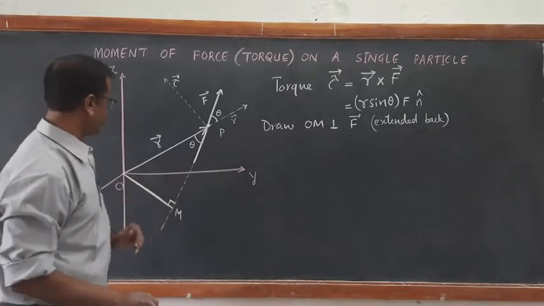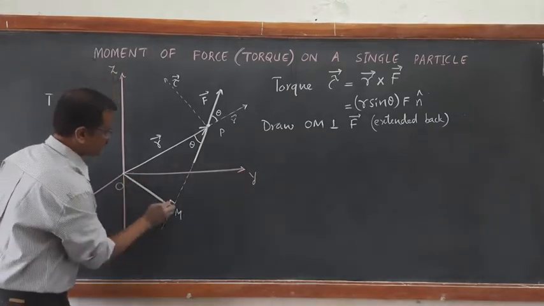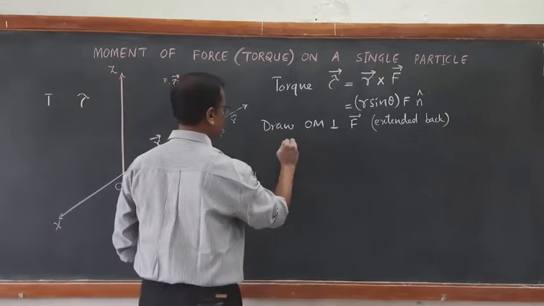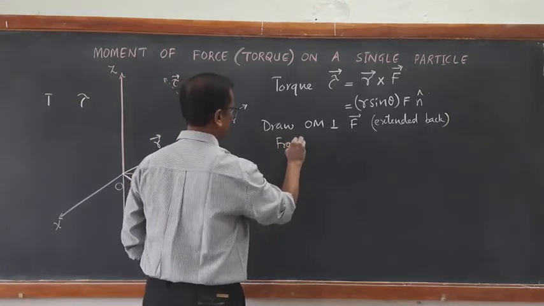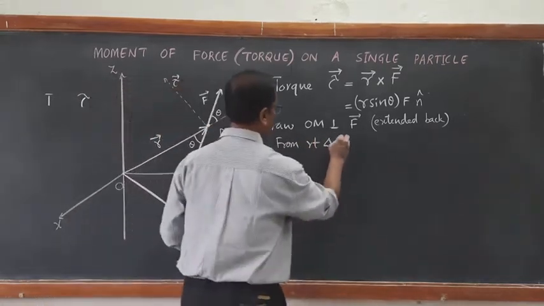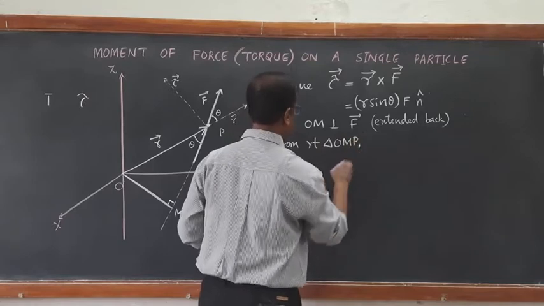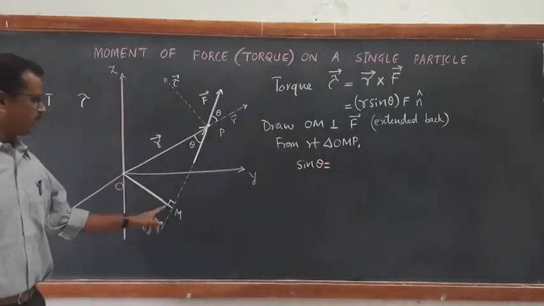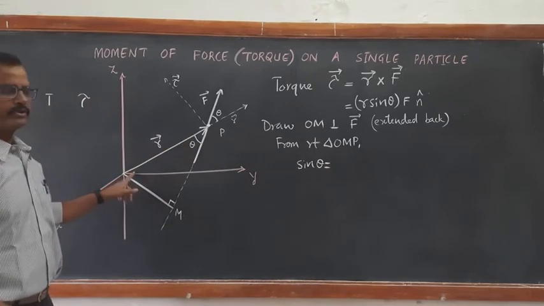From the right angle triangle OMP, what is this R? If this is angle theta, then sin theta equals opposite divided by hypotenuse.